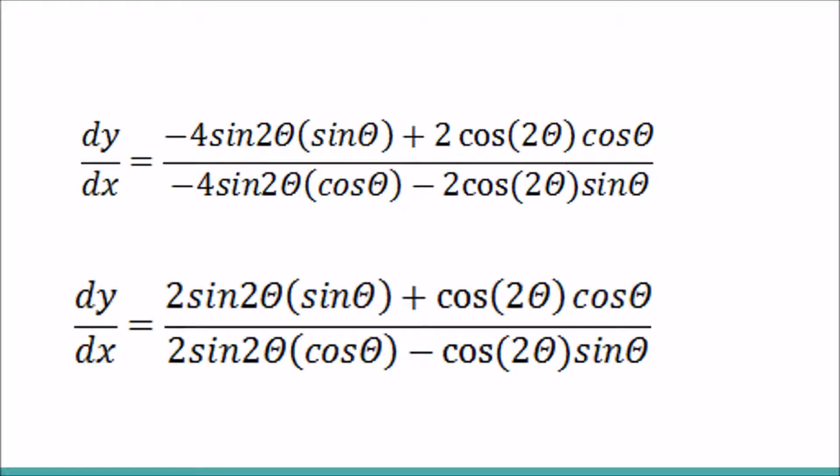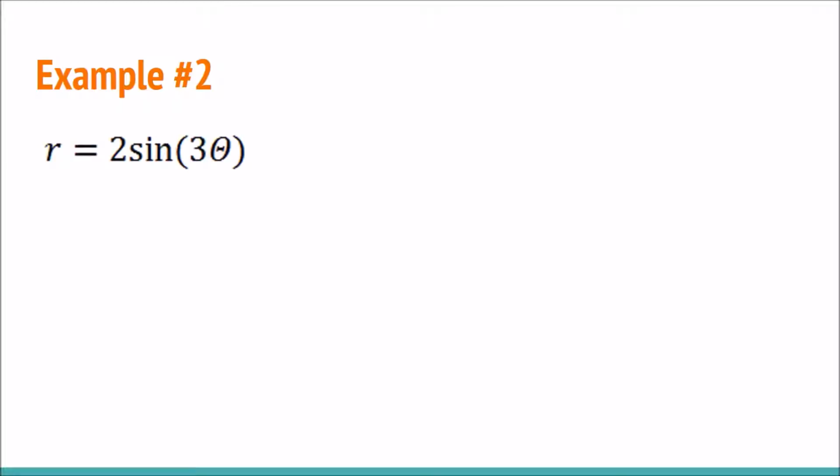Our last polar function will be r equaling 2 sine of 3 times theta. The derivative of r with respect to theta is going to equal 6 times cosine of 3 theta.